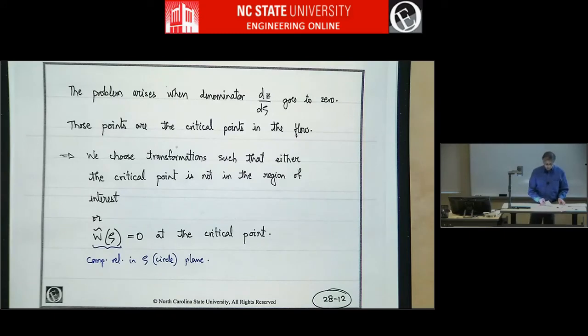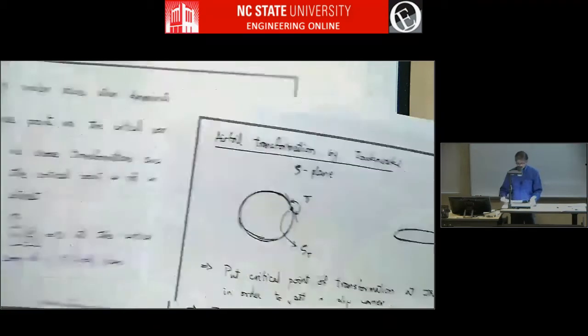So remember, we need a critical point, right? Why do we need the critical point? Because we have to have a sharp trailing edge, otherwise it's going to become a sort of rounded trailing edge, which is not a typical airfoil shape. So we have to have a critical point.